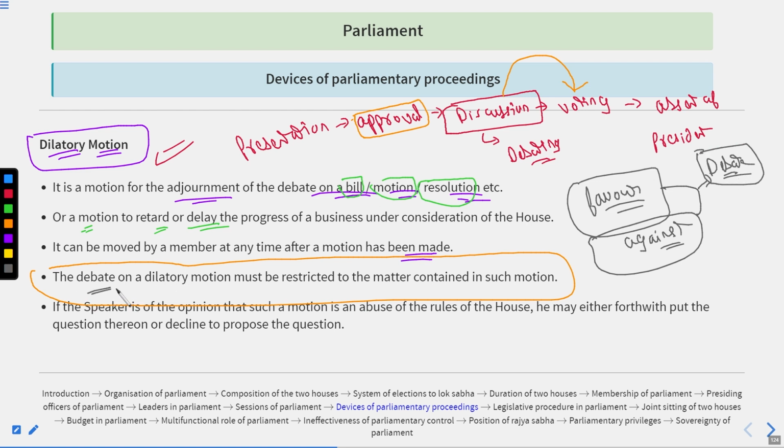Whatsoever debate is organized because of the passing of the dilatory motion, this debate is restricted to the matter which is contained in such motion.